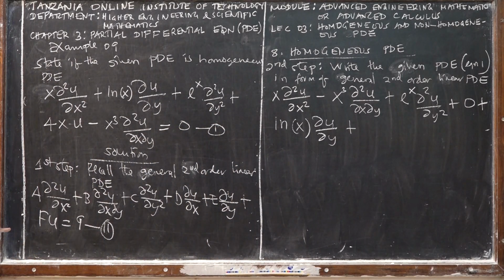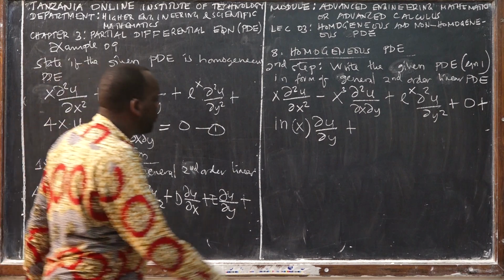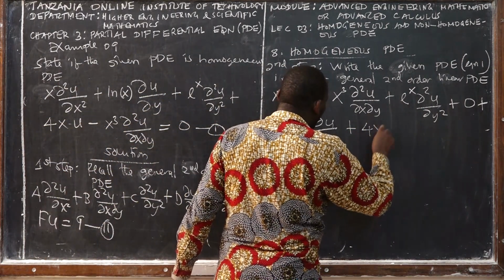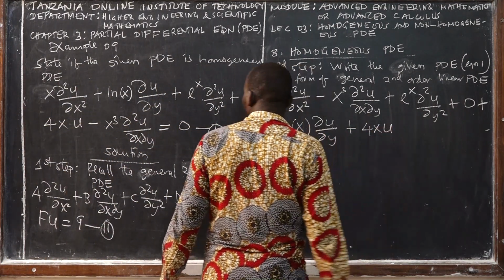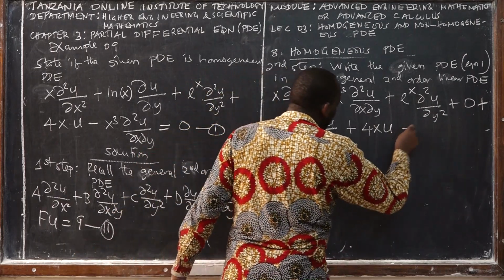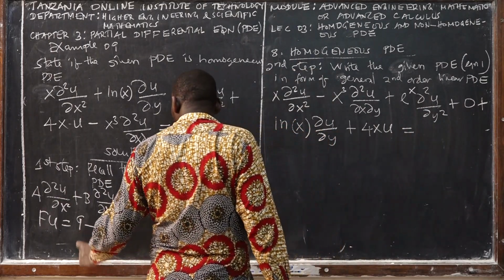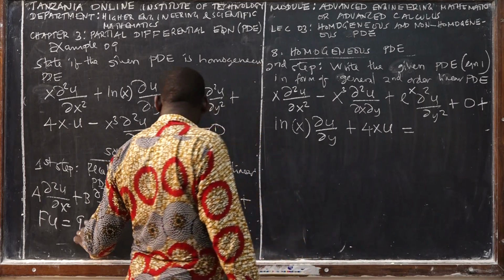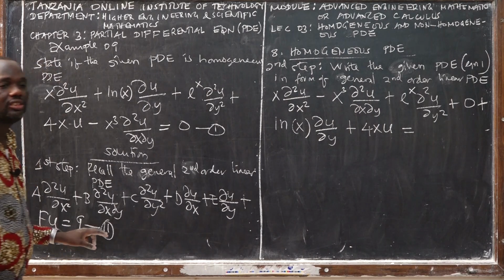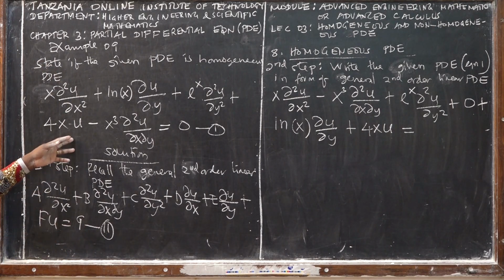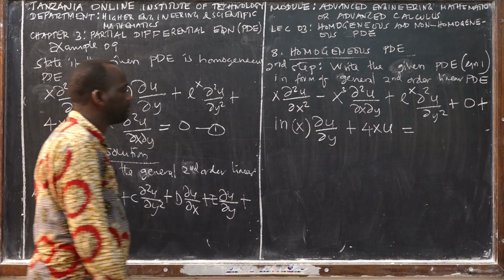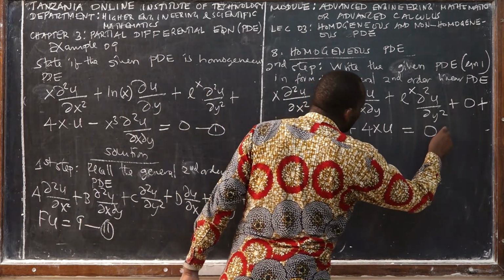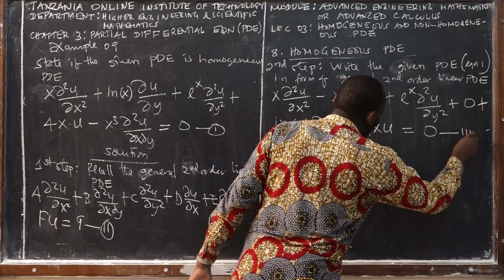Yes, it is 4xe u. Then it is equal to g. Do you have any value of g? Remember g does not have any u. What is the value of g here? 0. So this one will be equation 3.